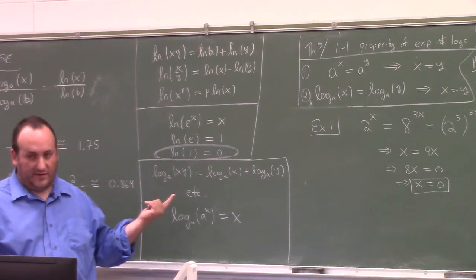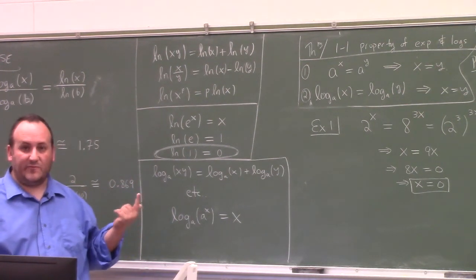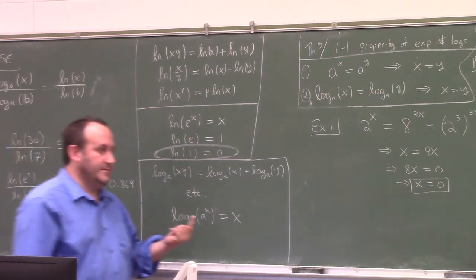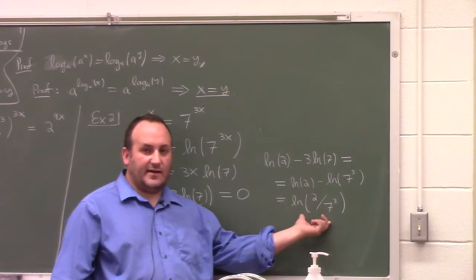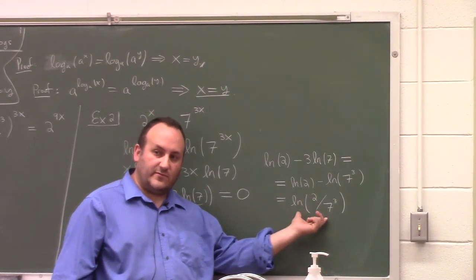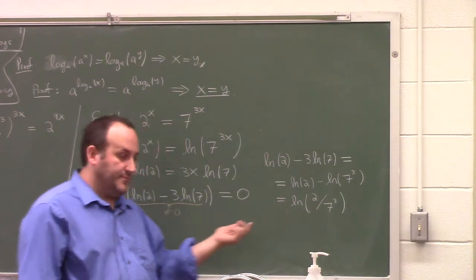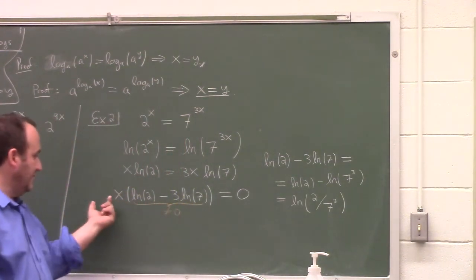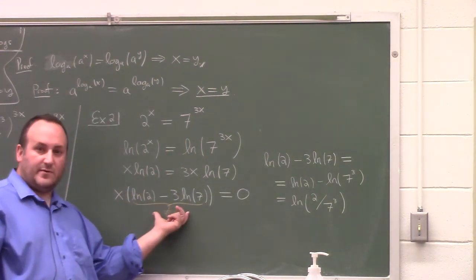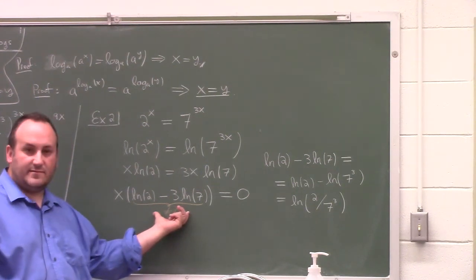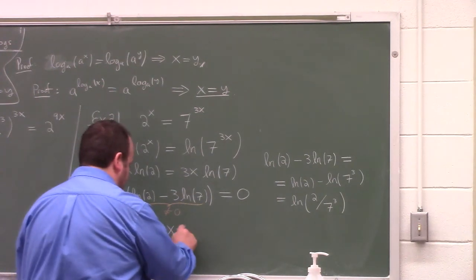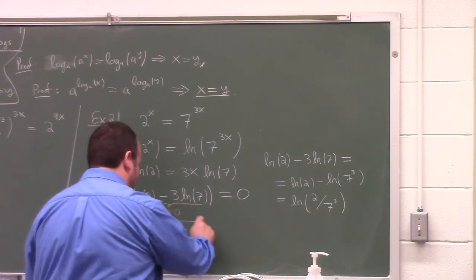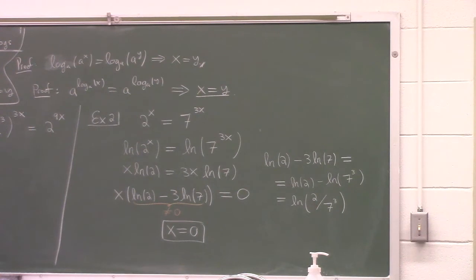So if the input to the natural log is not 1, it means that the output's non-zero. In other words, is 2 over 7 cubed 1? Nope. So even without getting a calculator out, I can tell you that this natural log is non-zero. And therefore, I've got x times a non-zero number, which tells me x is what? X equals 0, right? So it looks like all my examples have solution 0. See if we can do better.